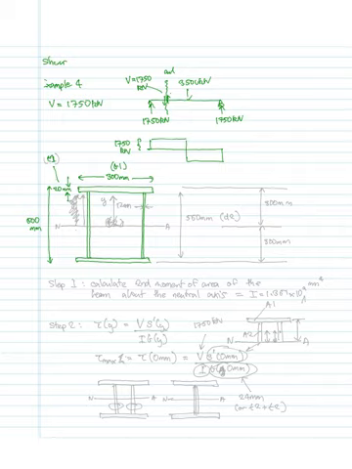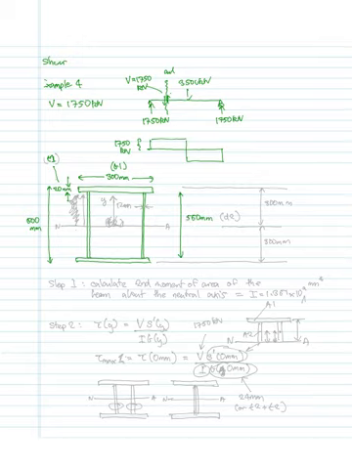For these longer bits here, we've got the depth of the section down there. I'm going to say that one is 600 millimeters minus 20 minus 20, which is going to be 560 millimeters.